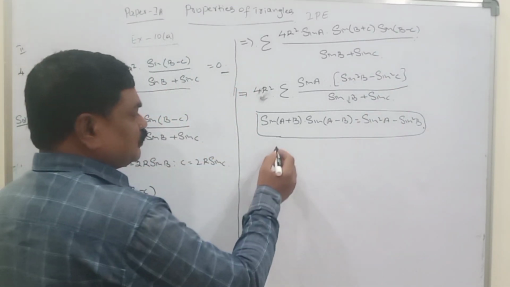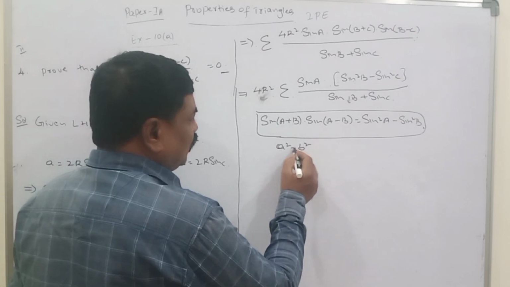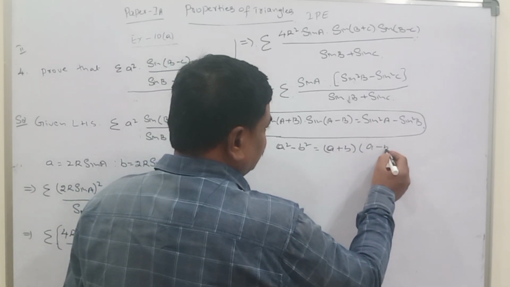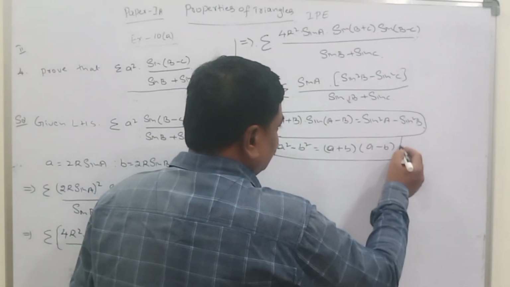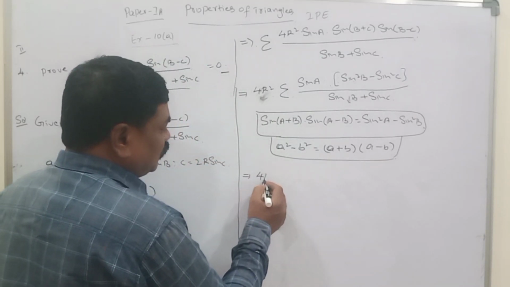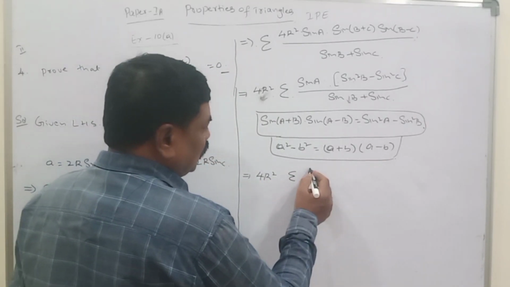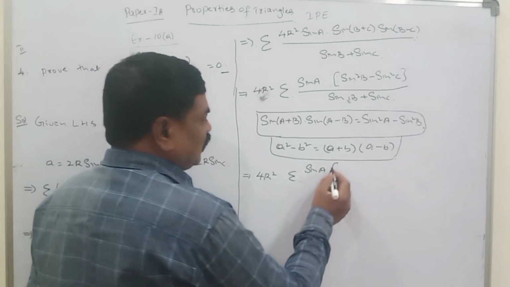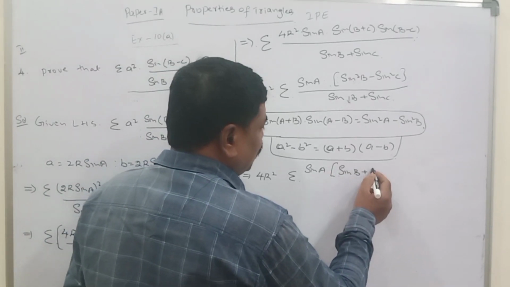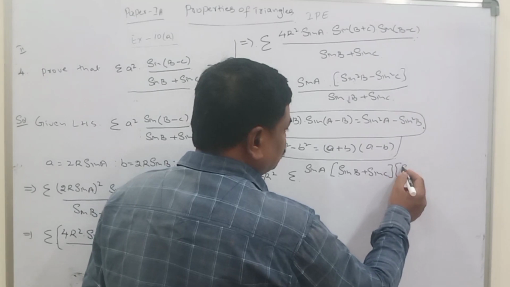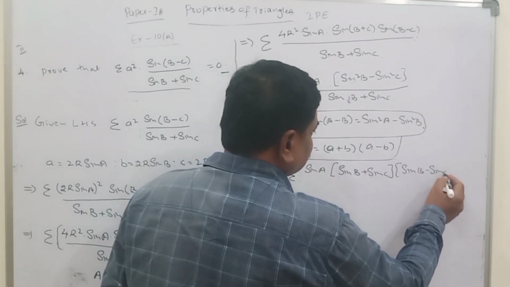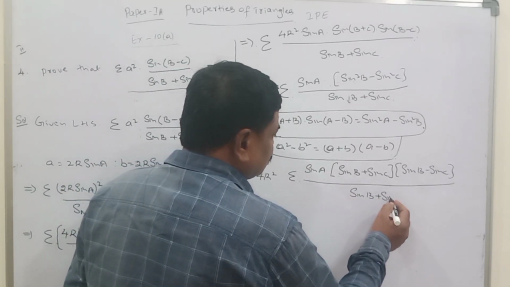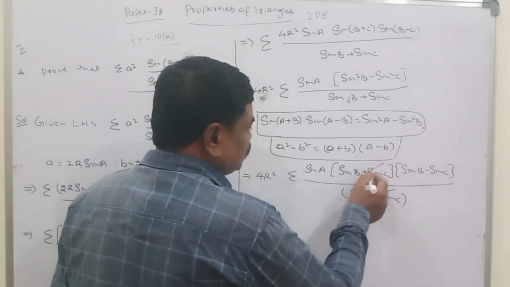A square minus B square is the algebraic formula: A square minus B square is equal to A plus B into A minus B. So by using this formula, you expand this one: 4r square sigma sin A into sin B plus sin C into sin B minus sin C by denominator sin B plus sin C. Here this one cancels.